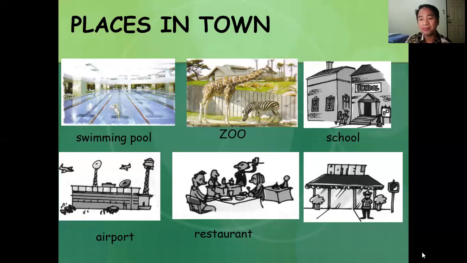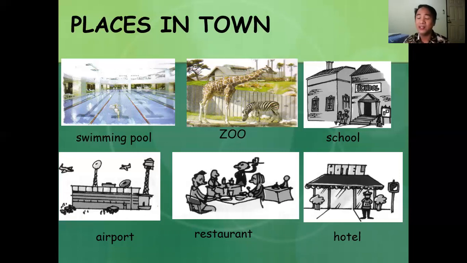Okay? And then the next one or the last photo is, so you can sleep over in this place. For example, if you travel, if you are far away from home, you can go check in this place and sleep. So this is what you call a hotel.